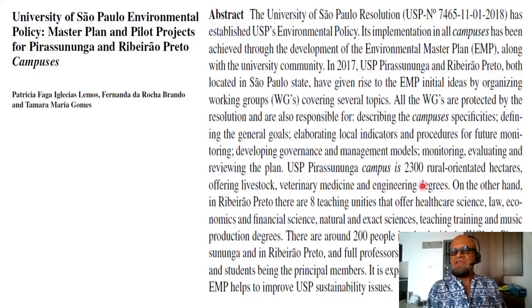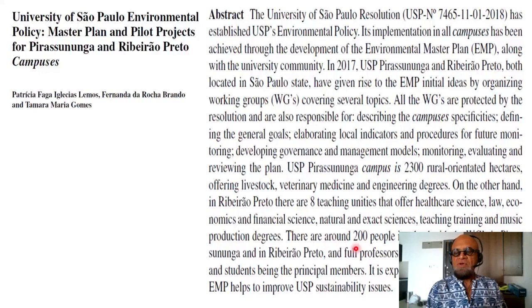Pirassununga's campus is 2,300 rural-oriented hectares, offering livestock, veterinary medicine and engineering degrees, so in a very real-life setting. On the other hand, in Ribeirão Preto, there are 8 teaching units that offer healthcare science, law, economics and financial science, natural and exact sciences, teacher training and music production degrees. So very varied curricula.